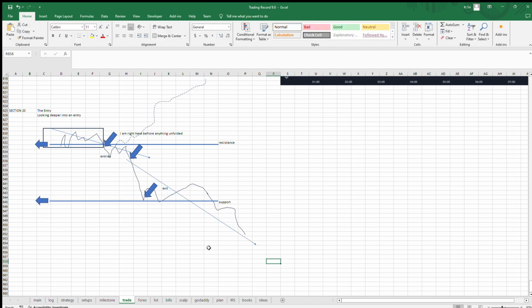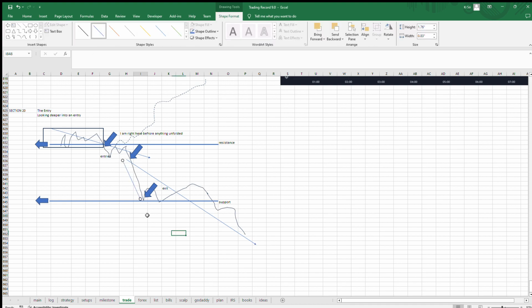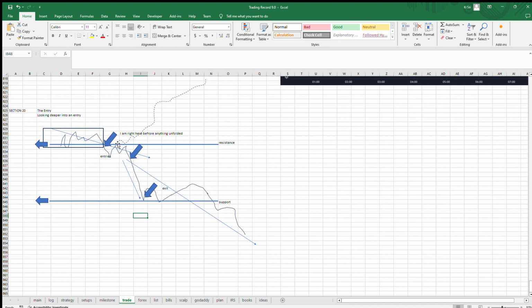Then I'm also looking for another one, which is essentially a scalp to get to this one right there. So I'm looking for two things. I enter with a small double lot, a double initial entry.